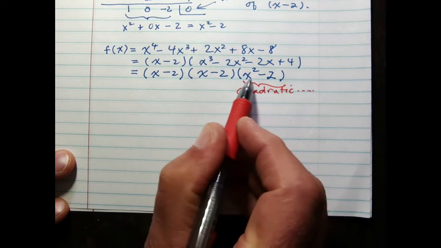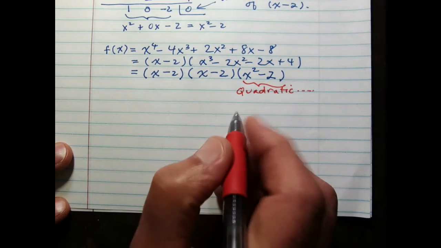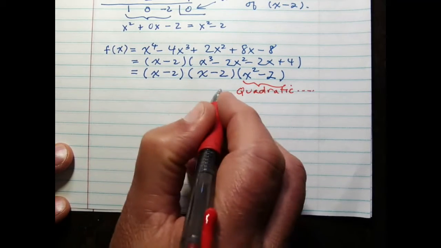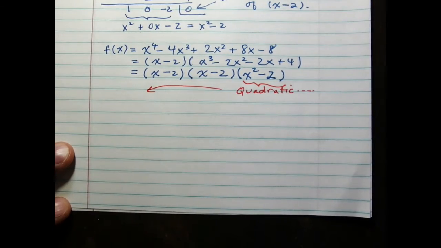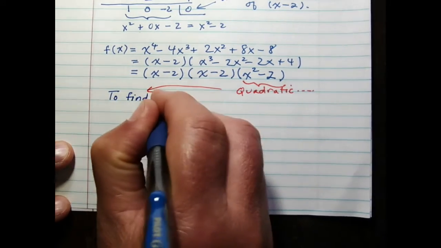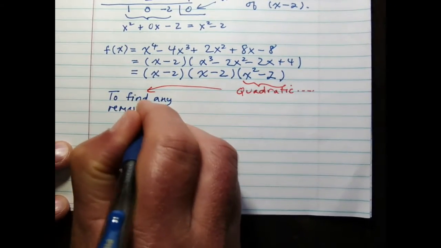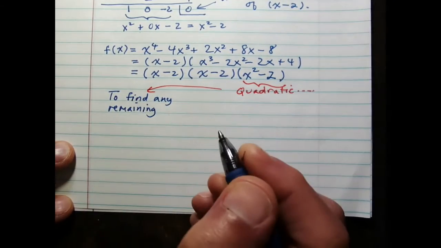X squared minus 2 is not a difference of squares. That cannot be factored, but just because it can't be factored doesn't mean there are no zeros.